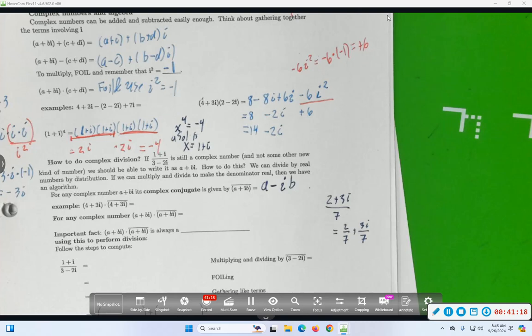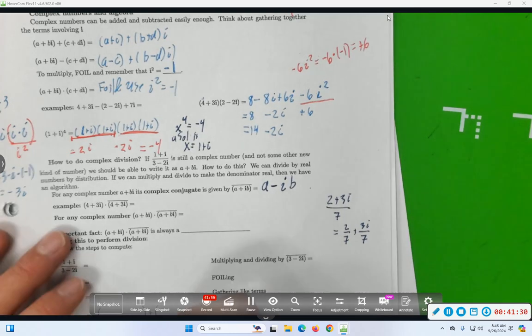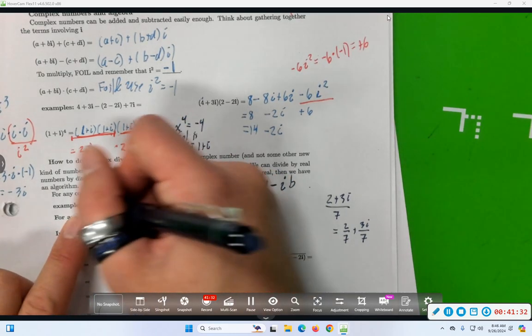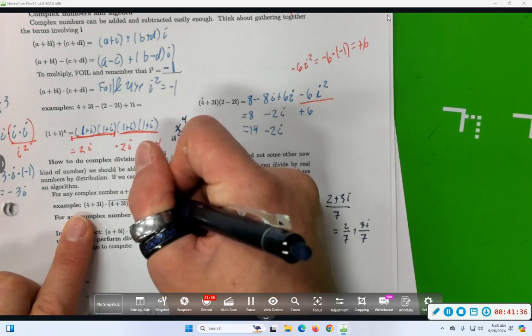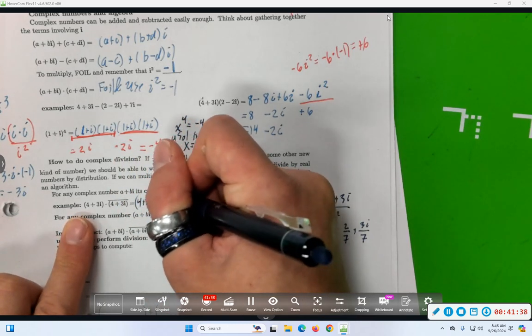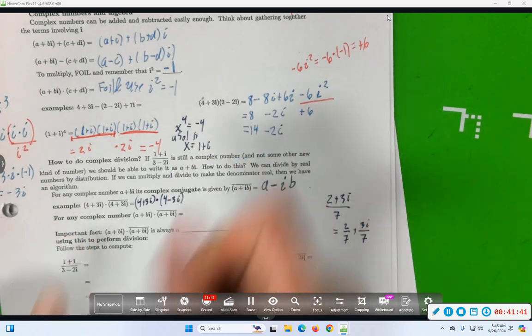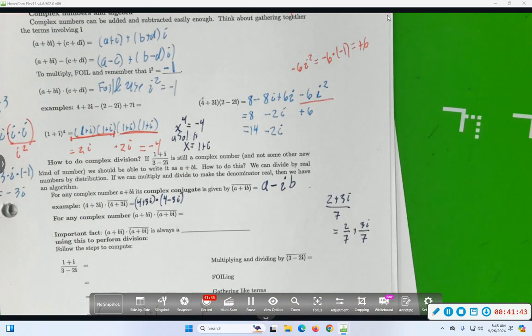And why is this useful? This is useful because of the example that we're about to walk out. So, 4 + 3i times the complex conjugate of 4 + 3i. That'll be (4 + 3i) multiplied by (4 − 3i), because that's what the complex conjugate does.